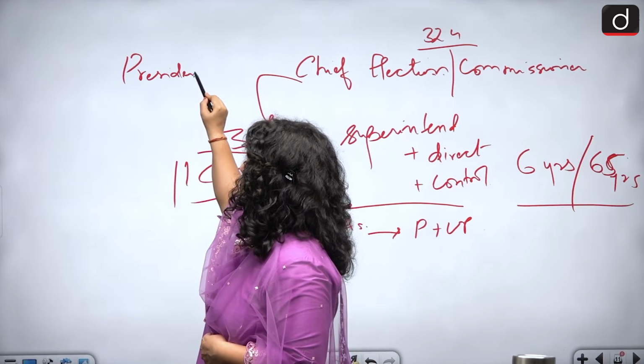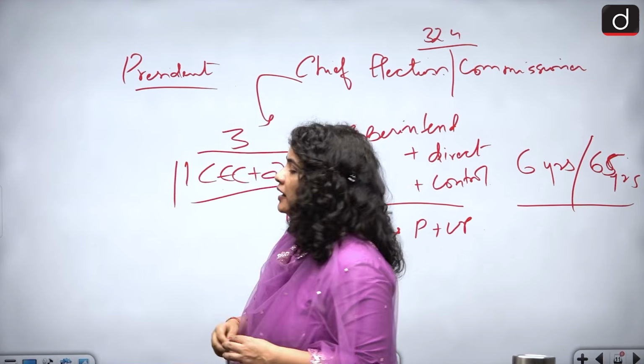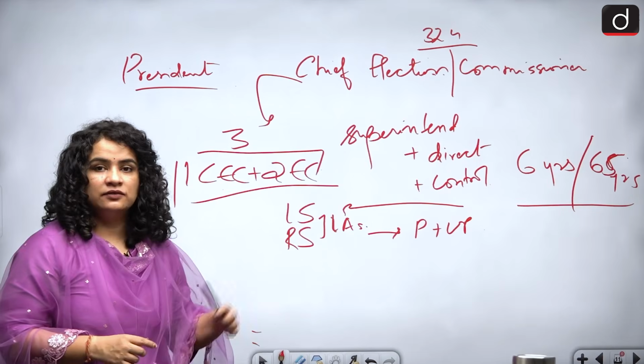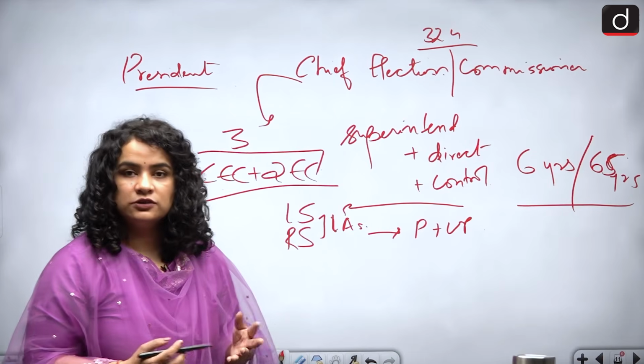How does the President appoint them? Now, until recently, the President would appoint the election commissioners simply on the advice of the Council of Ministers.